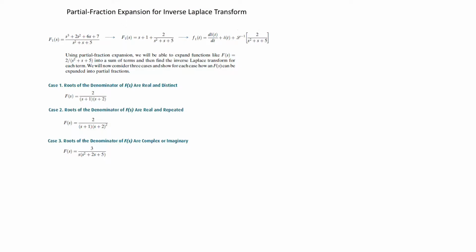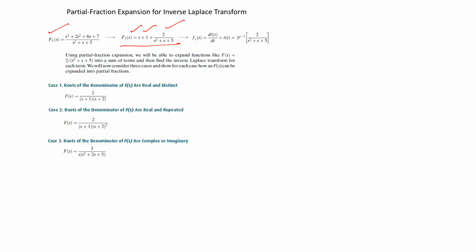Now let us take a function, this one, F1(s). Since the numerator has an order greater than the denominator, we divide it and it can be represented by this. Now we have three distinct terms, s plus 1 and this third one.